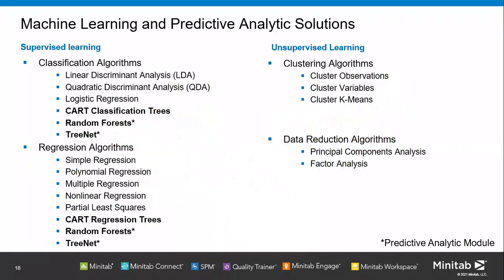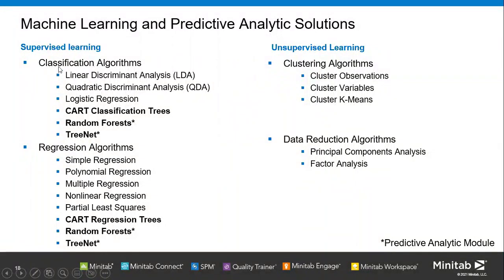And of course, all of these algorithms are currently available in Minitab Statistical Software. So we try to split them into two groups, which we call supervised learning and unsupervised learning. For supervised learning, it is actually split into two groups: classification algorithms and regression algorithms.